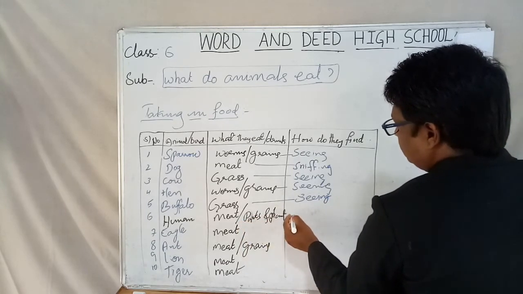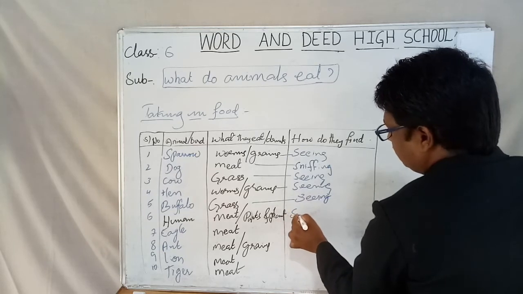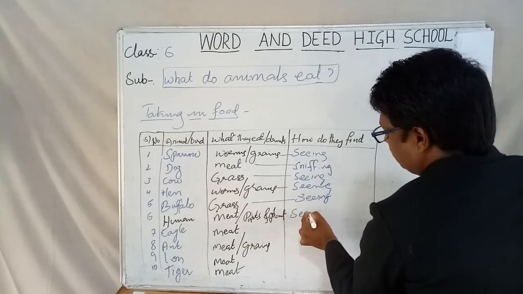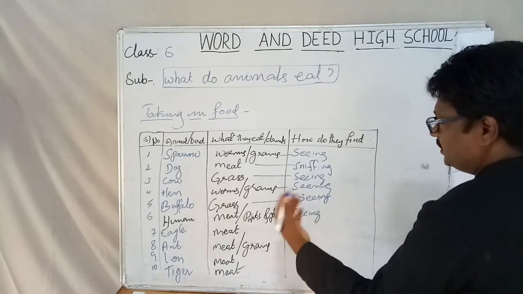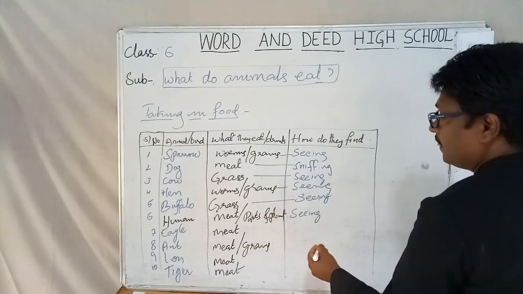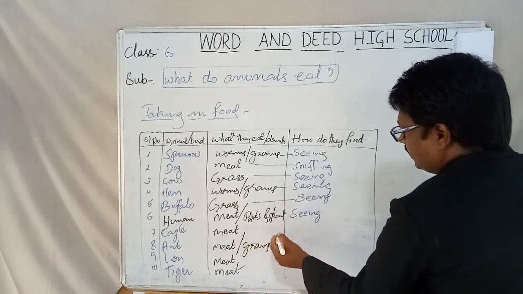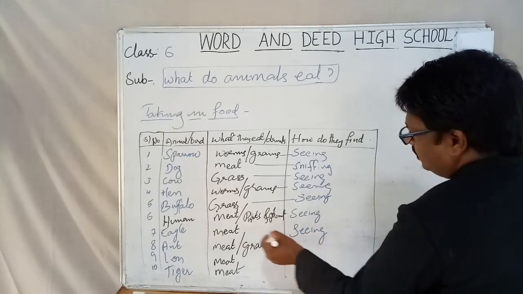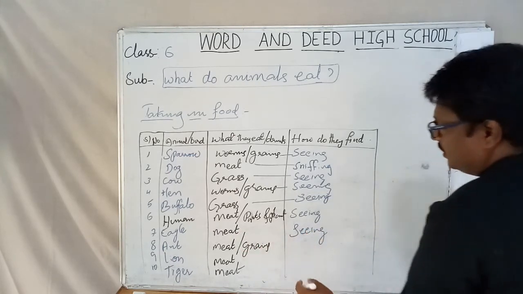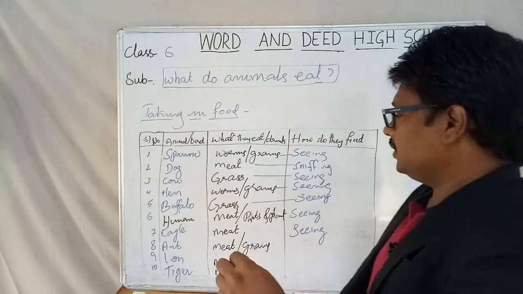Human beings, we find our food by seeing. By seeing, we see and find our food. Eagle, seeing. Ants, here, as far as ants are concerned, you need to understand.